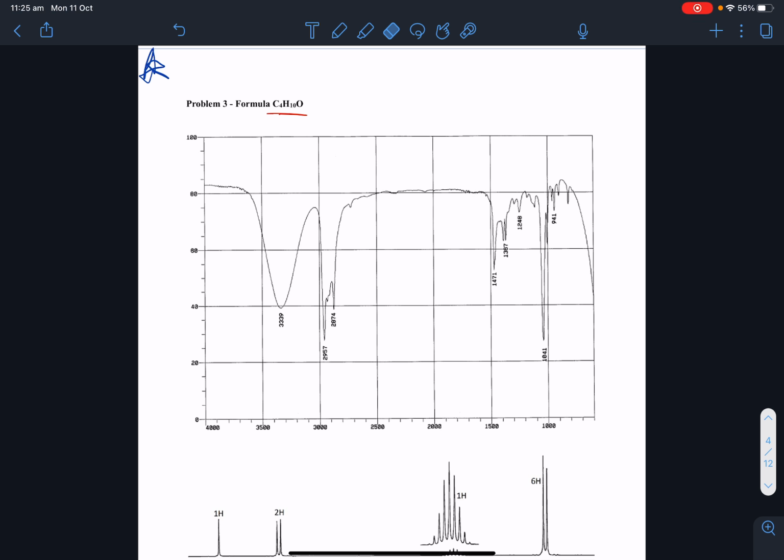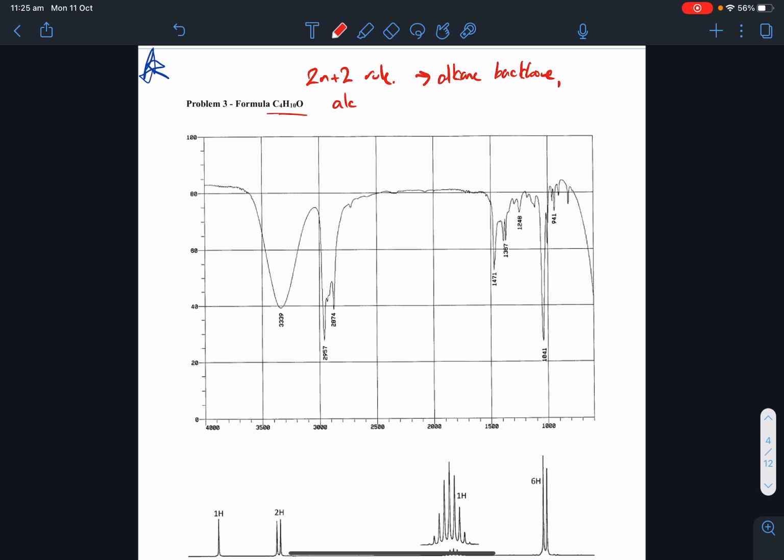Let me get my pencil back. 2n plus 2 rule. So it's an alkane backbone, but it has an oxygen in there too, okay? And the only molecules that we've studied so far that have an alkane backbone with an oxygen in there is an alcohol.